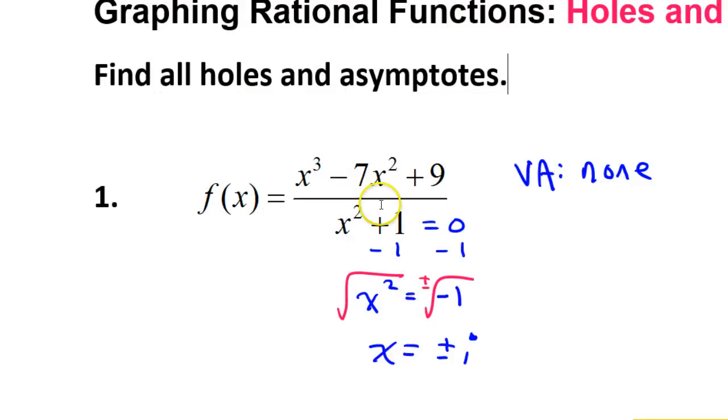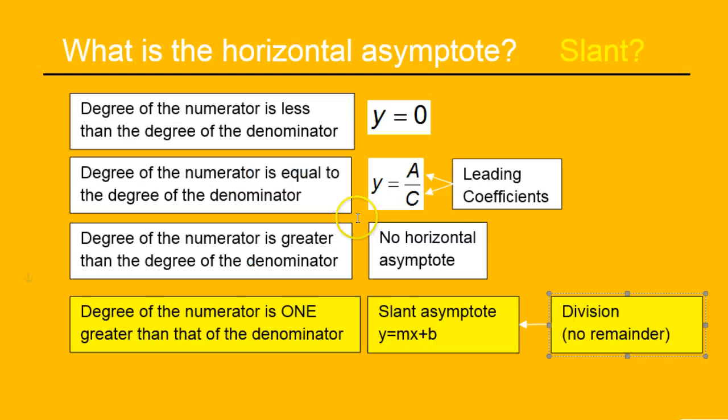So let's see. The degree of the numerator is 3. The degree of the denominator is 2. So obviously the numerator degree is more than the denominator. Alright, that puts us in situation number 3 in the sense that there is no horizontal asymptote. But from now on, whenever the degree of the numerator is greater, fine, there's no horizontal asymptote.